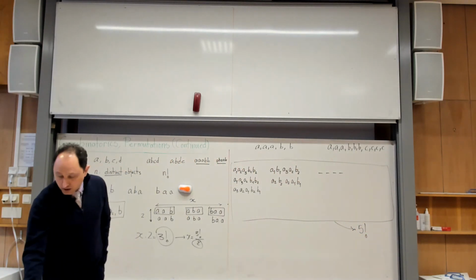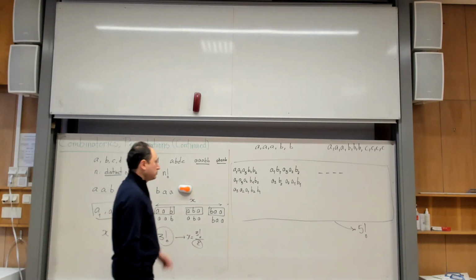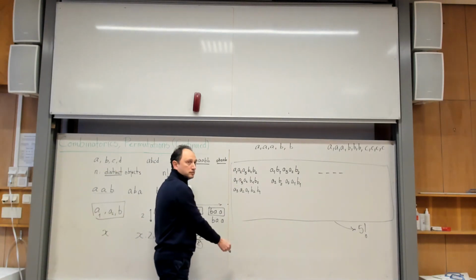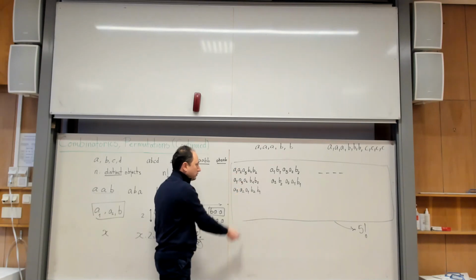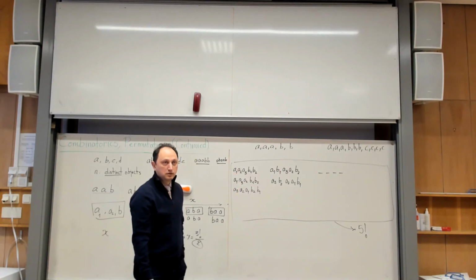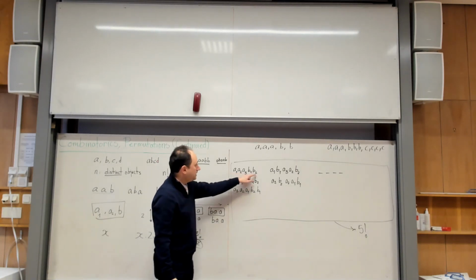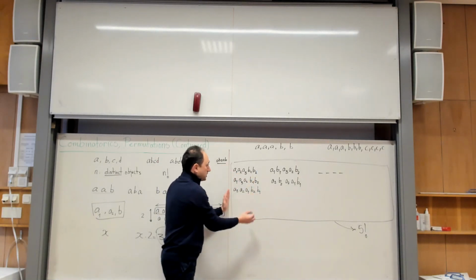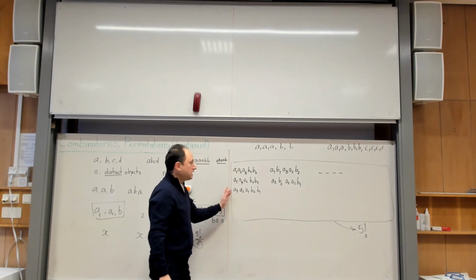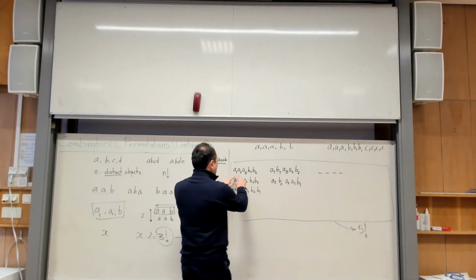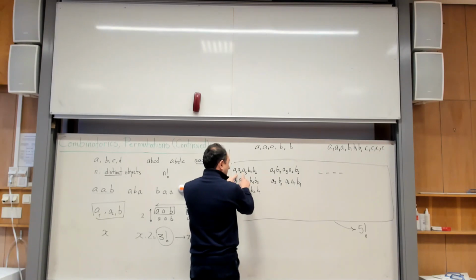But what are the ones that I want to count? Do I want to count all of them? No. How many of them should be counted for each column? Yes? Only one. For example, the first one. Because if I remove the indices, all these items become exactly one item. So what is important for me? But if I remove the indices, this one is different from this one, yes?